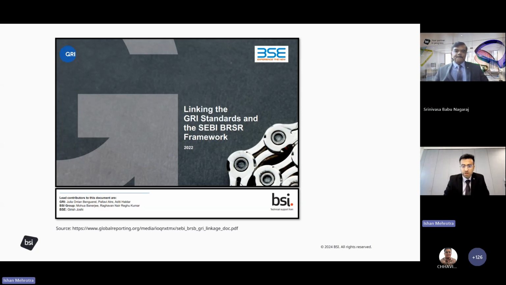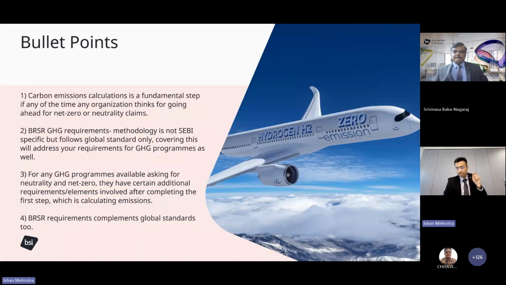Thanks again for giving me the bulleted points. One important thing related to how this supports your net zero or neutrality is that, as you highlighted, with the help of these standards the baseline can be established. Once the baseline is established, companies can define a path for how to reduce it year on year and how they can embark on their journey to net zero or carbon neutrality.